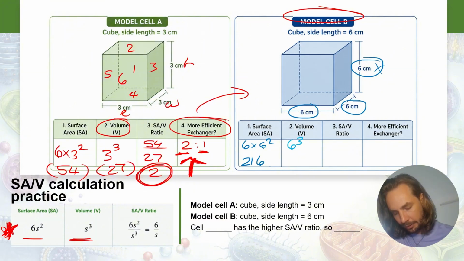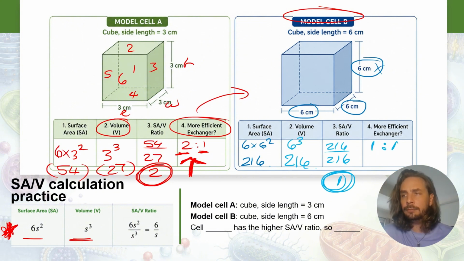And 6 cubed is 36 times 6, which is also 216. Okay, so if I do the ratio here, that's 216 divided by 216. So the ratio is 1. So it's 1 to 1.